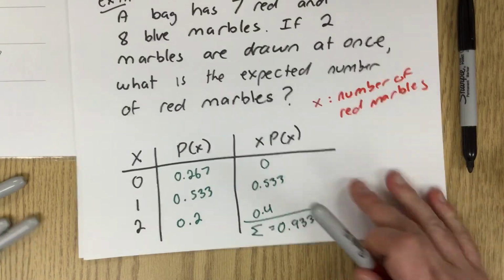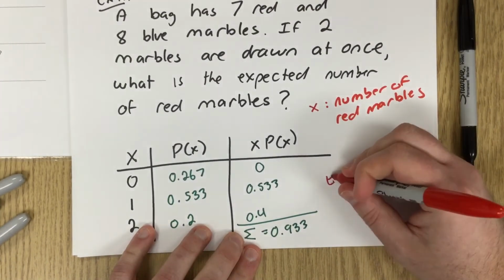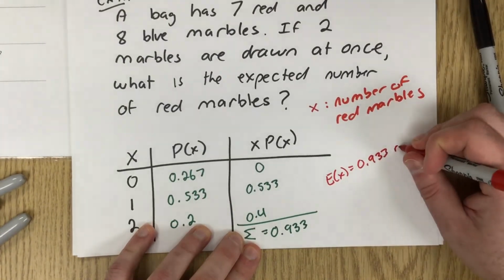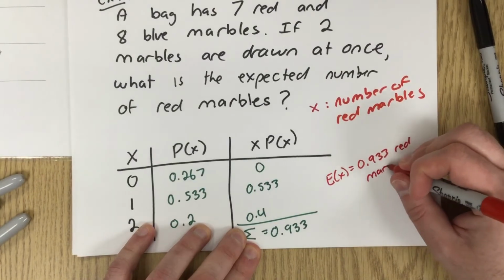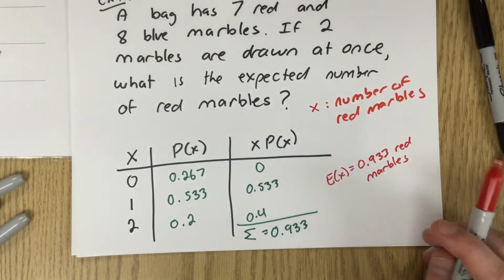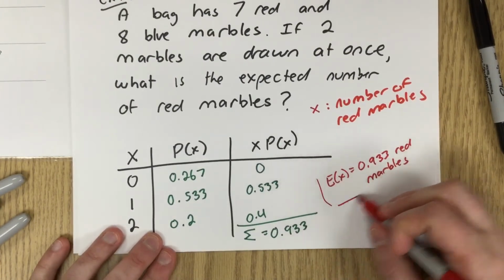It means we expect to get 0.933 red marbles. This is not a percentage. I'm not expecting to get 93% of something. It's not a probability. This is an expectation. I expect to get 0.933 red marbles, and I wouldn't round it either. That's what I expect to get.